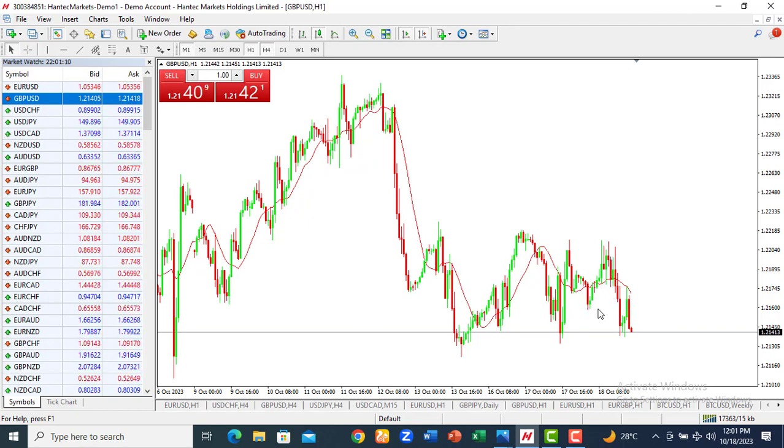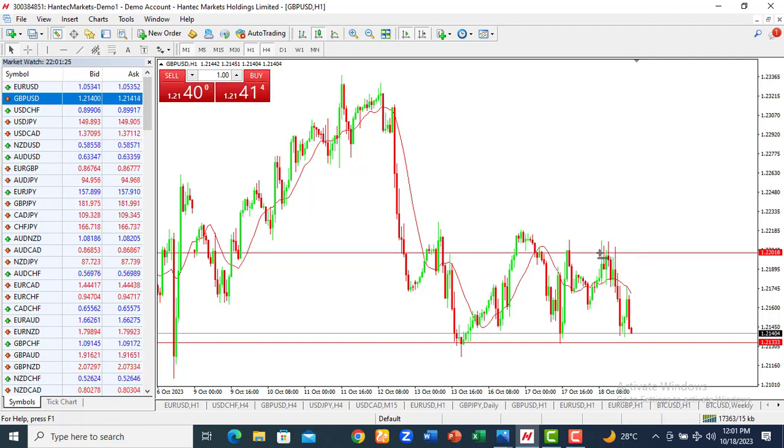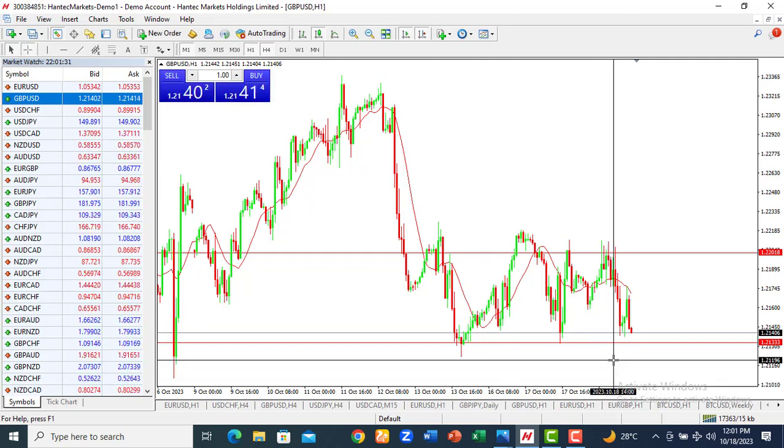But as a trader, you don't wish to sell this market here, because after analysis, you believe you want to wait for the market to break this zone before you go in for your sell. So if the market breaks this zone, getting to somewhere here, you can now go in for your sell.